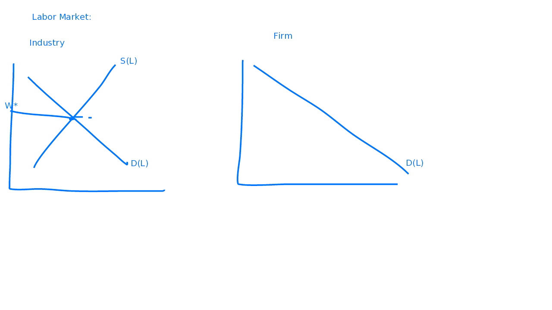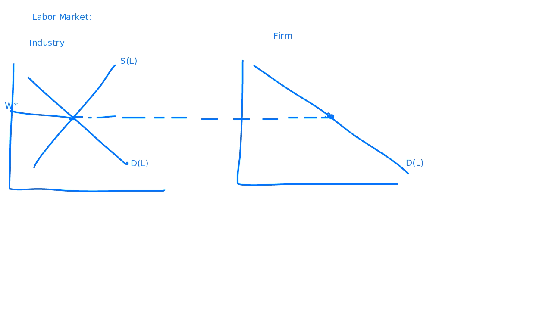The labor market has already set the price here for this job. So for the firm, we just have to see what is their quantity demanded at the equilibrium wage rate? And this is it.